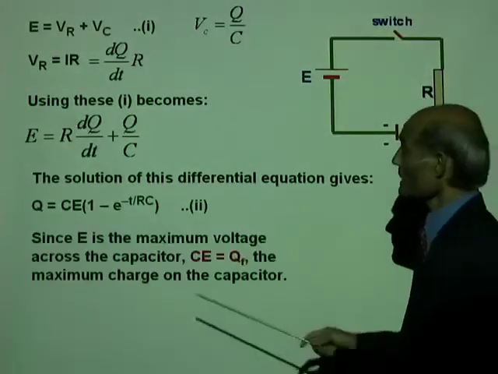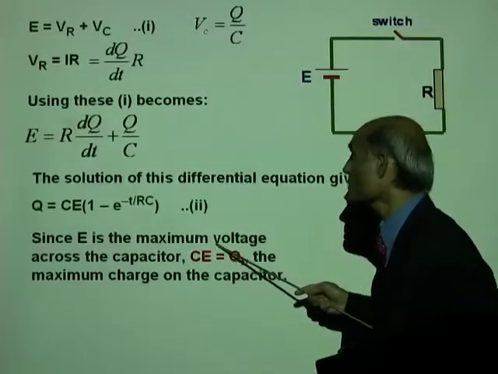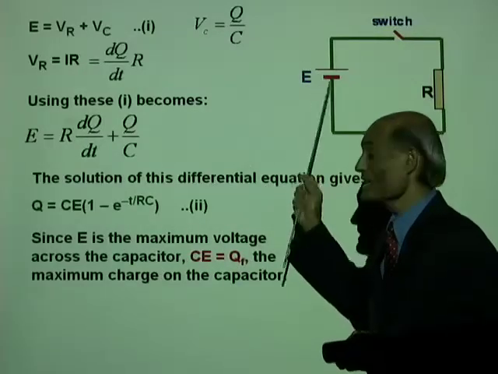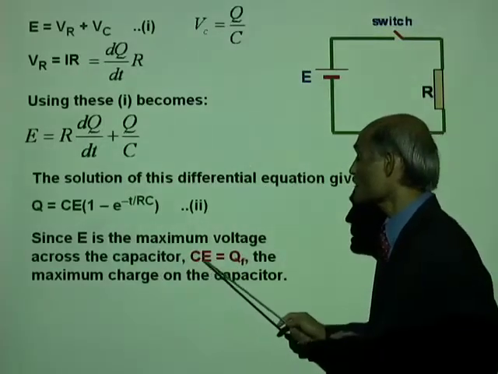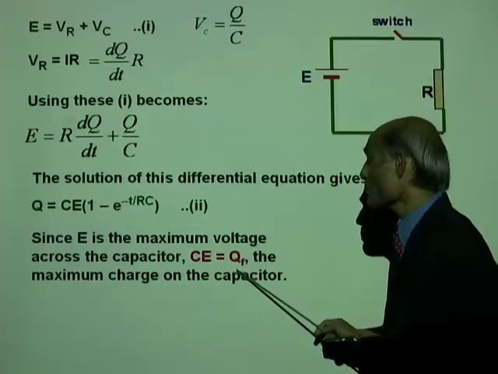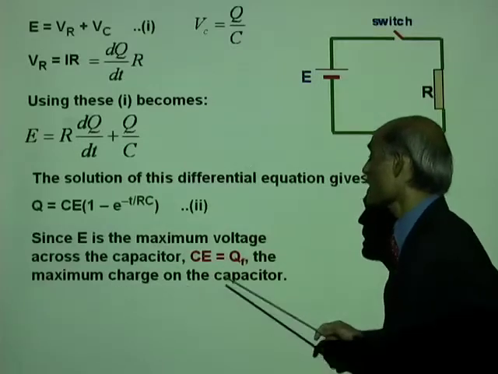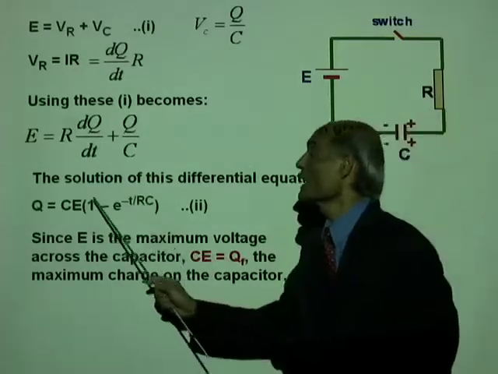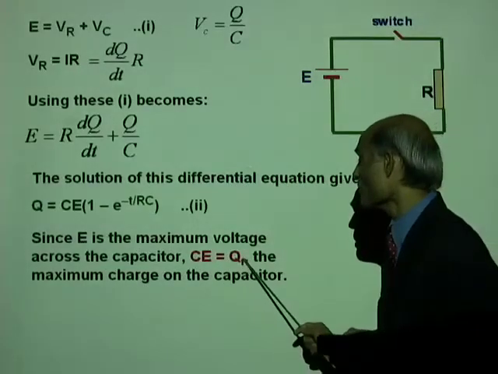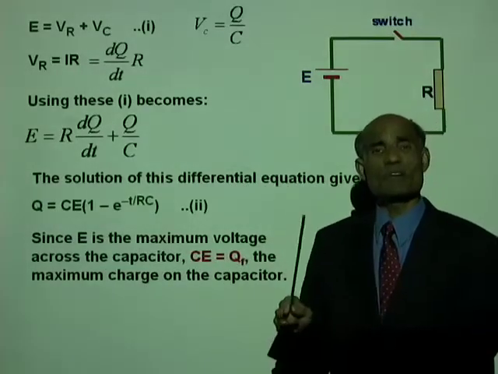Since E is the maximum voltage, the EMF, across the capacitor, CE equal to QF. In other words, that is the maximum charge on the capacitor. I can replace the CE by QF. Why did I use F there for QF?